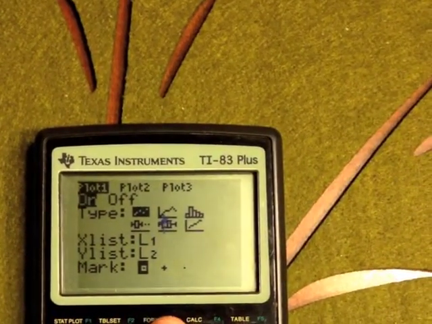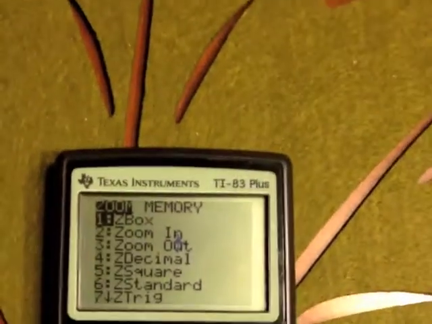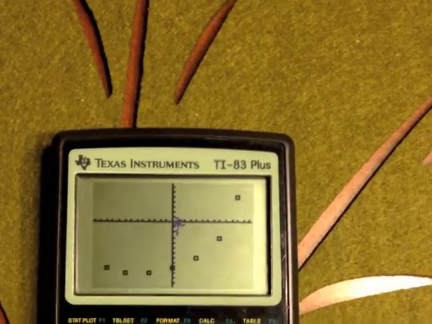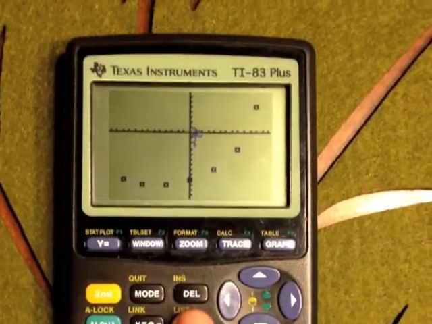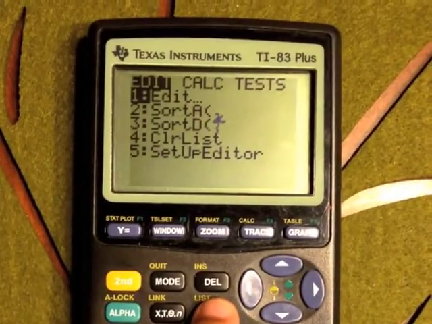Zoom in 9 to see on the graph. Stat button again and calc to see if it's a quadratic or quartic.